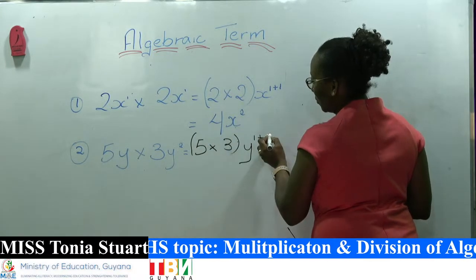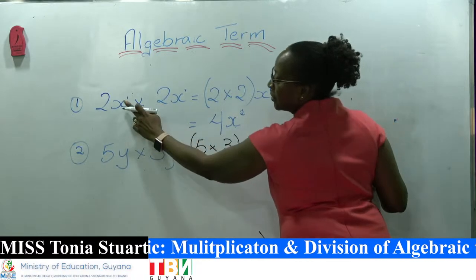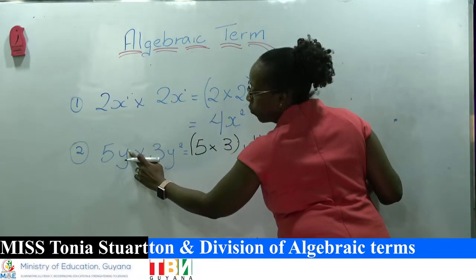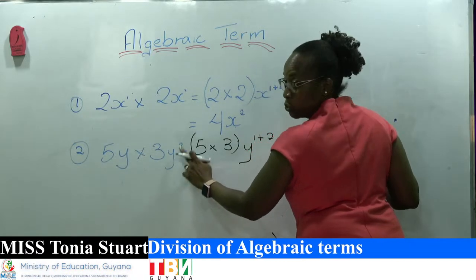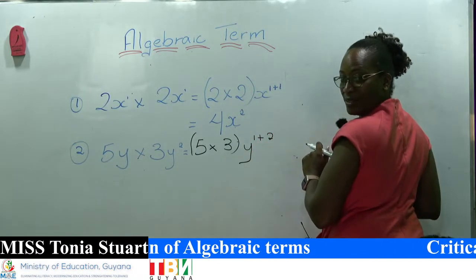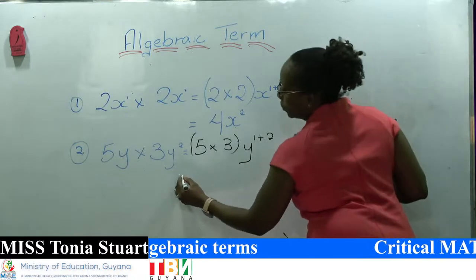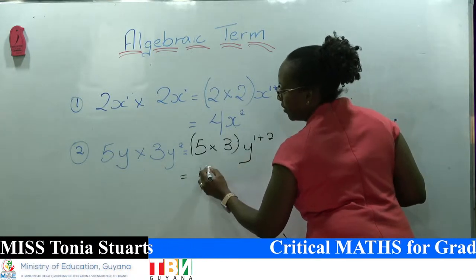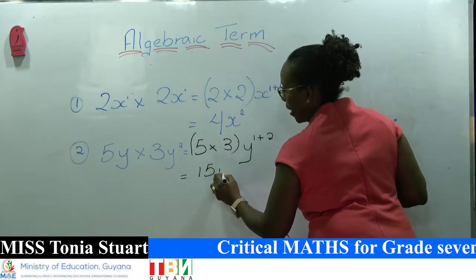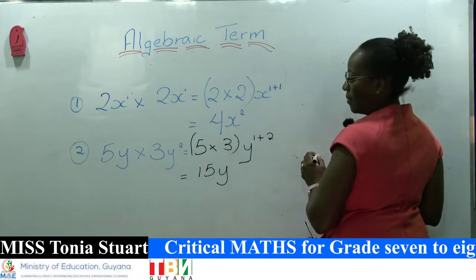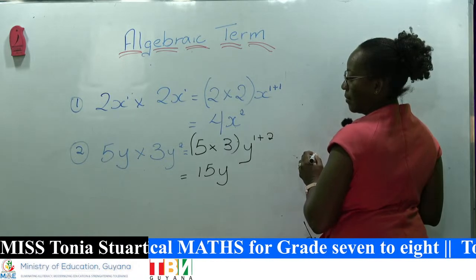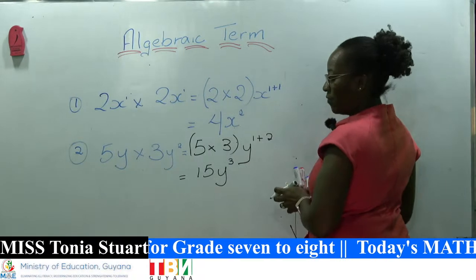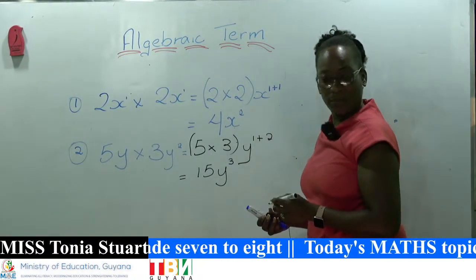2. So in this case, we had 1x and 1x. In this case, we have 1y and 2y's, right? So we're adding the powers. So that will give us 5 3's, 15. Y to the third power. 15y to the third power, right?